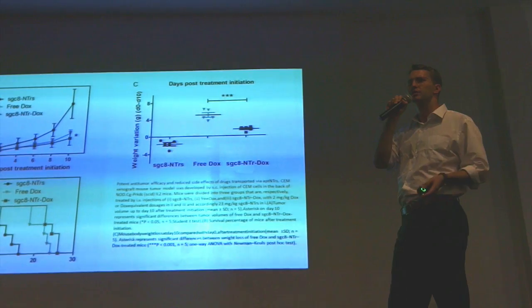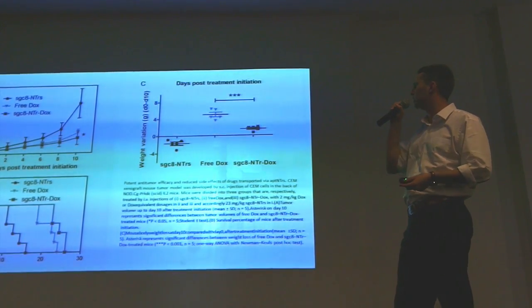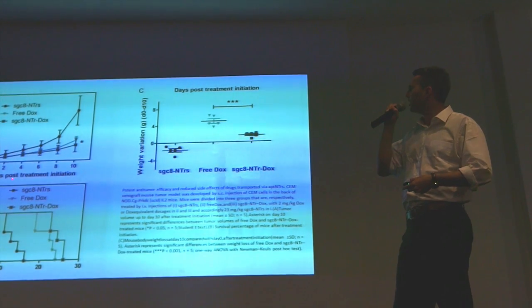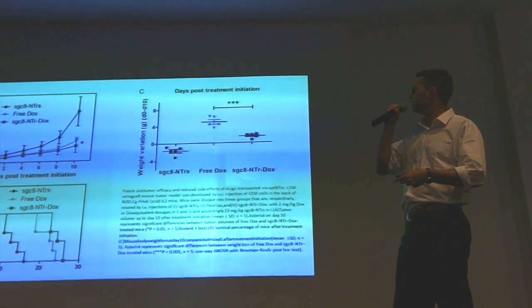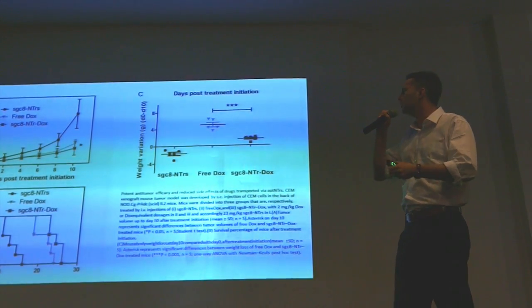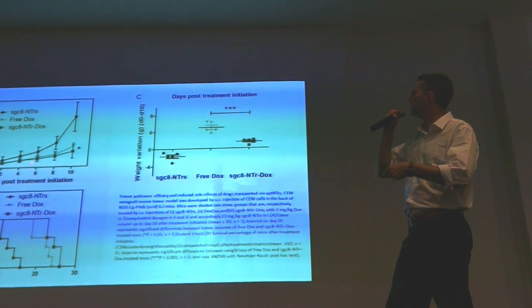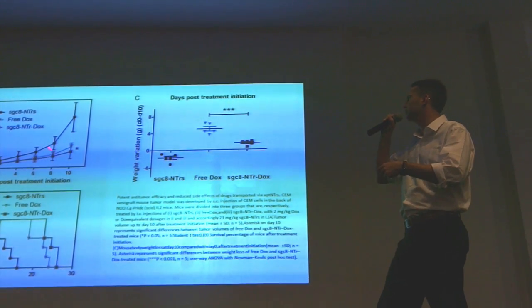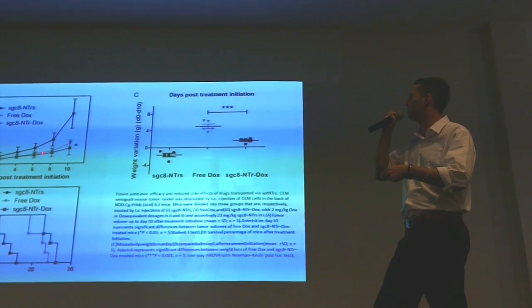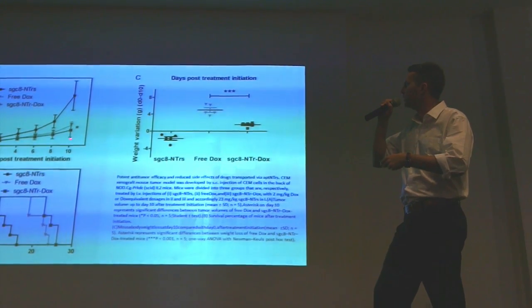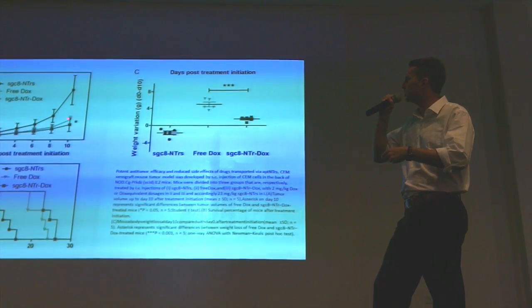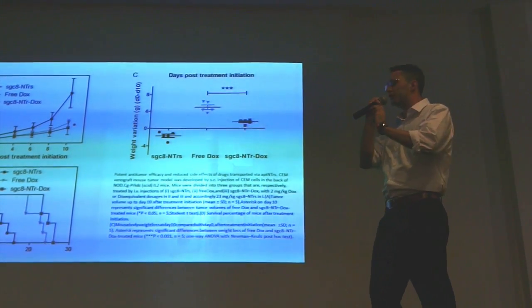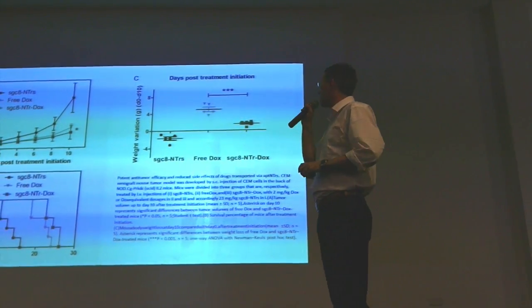SGC8 is a CCRF-CEM target-specific aptamer. This is a mouse model that we injected, and as you can see right here, in the control mouse model the tumor grows quite a bit, and for the nanotrain doxorubicin, we do have a significant improvement and reduction in tumor volume.